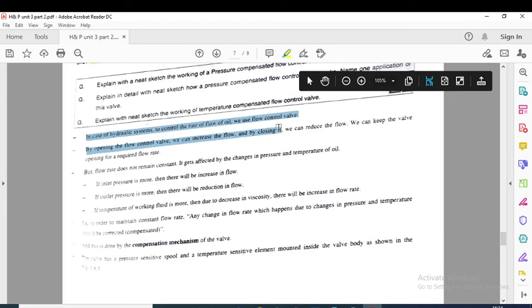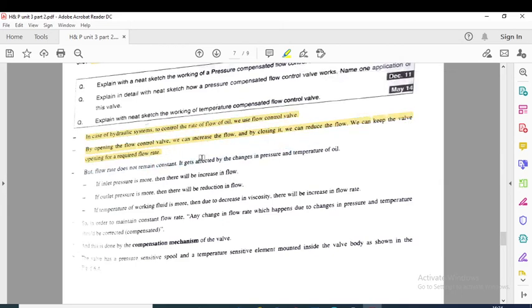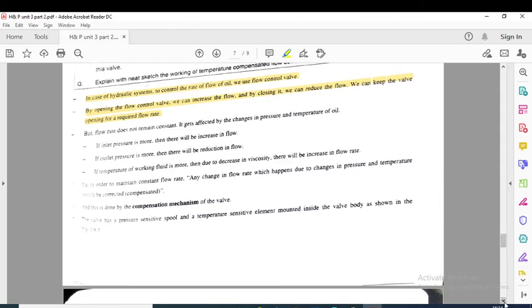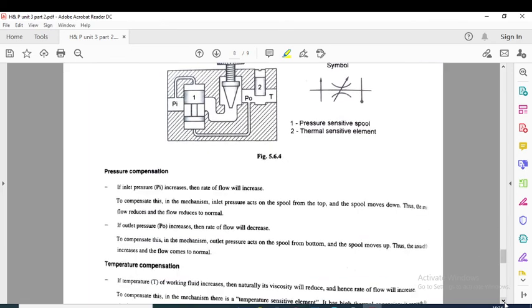By opening the flow control valve, we can increase the flow, and by closing it, we can reduce the flow. We can keep the flow opening at the required flow rate. Here we can compensate both pressure as well as temperature. So how do we attain this temperature and pressure compensation? We can see here.